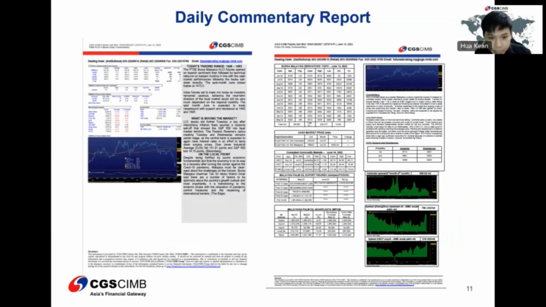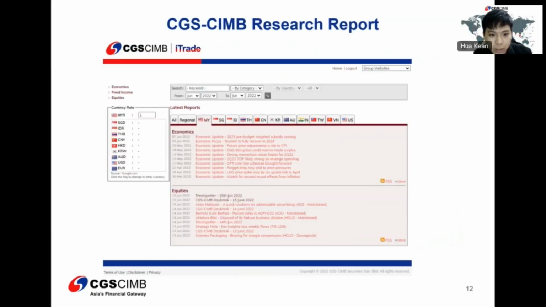We also have other reports, such as economic updates, on our iTrade website. They cover both securities as well as futures, so not only futures but securities as well. You can take a look at news updates from different countries on this iTrade website.